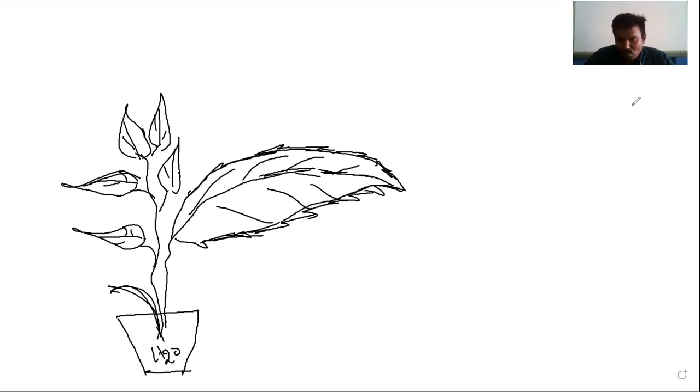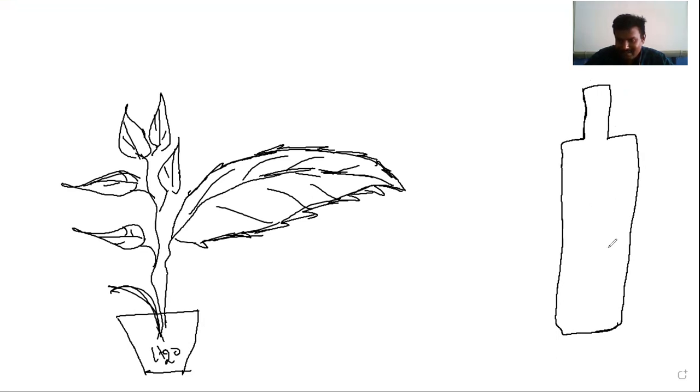After that, take one glass beaker, one side opened, like this way.